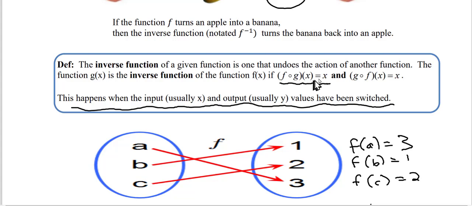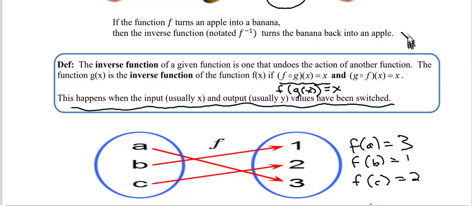This f composed with g of x, f of g of x, means you put x into g, whatever you get out of that goes into f, and you get x back. I hope that's clear, that that exactly does define what we've been talking about with this inverse function.